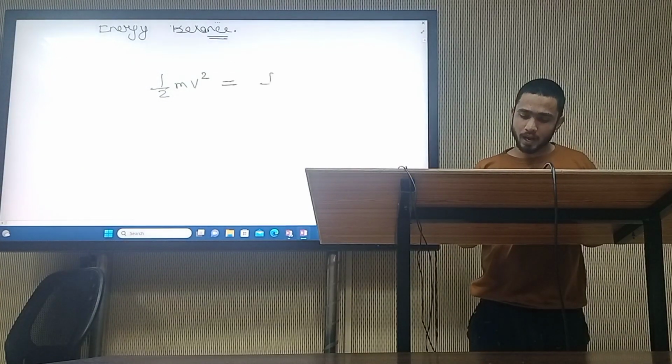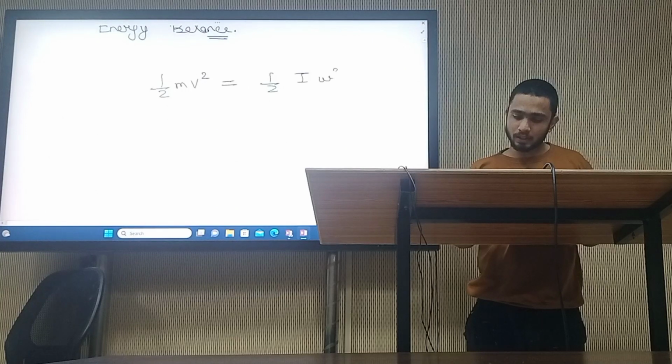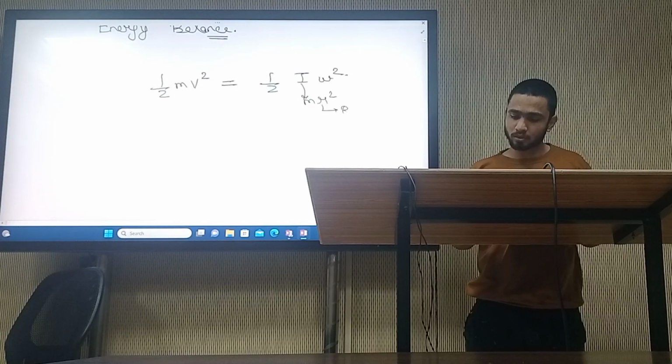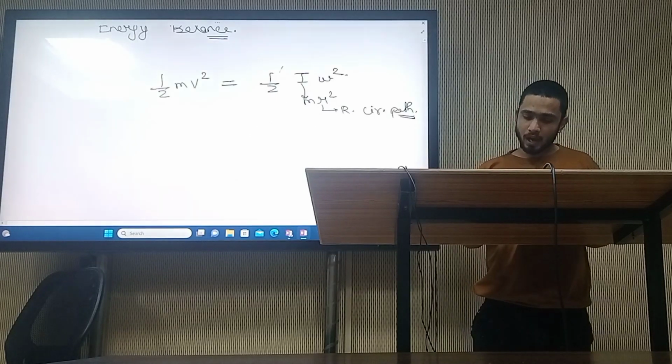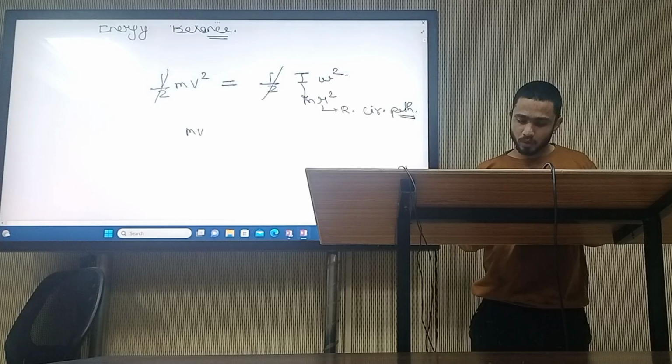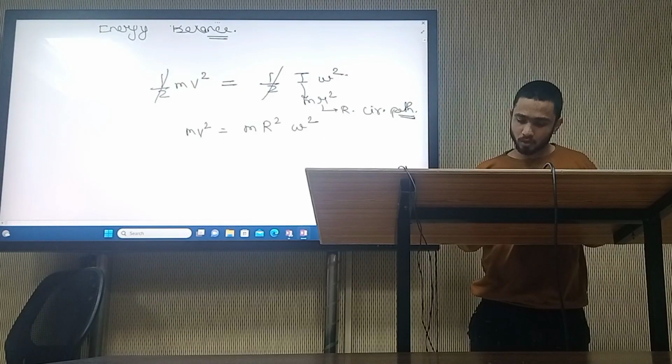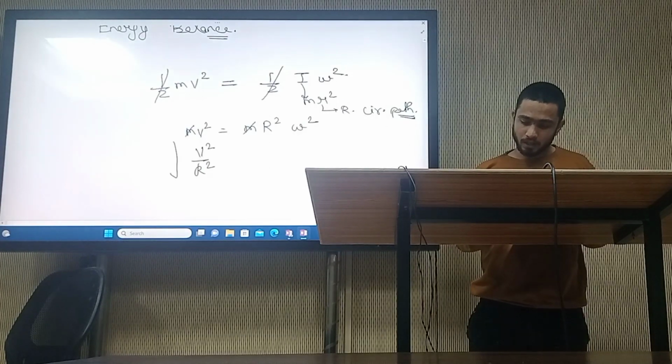Half m v square is equal to half I omega square. I is m into r square, where r is the radius of the circular path. So the halves cancel. m v square is equal to m into r square into omega square.